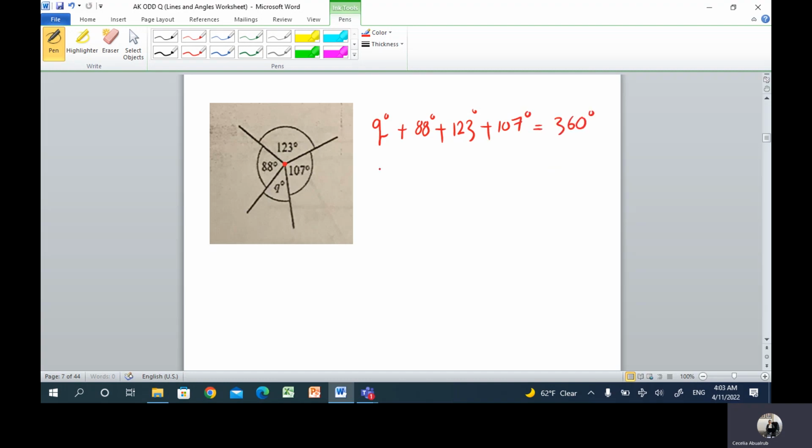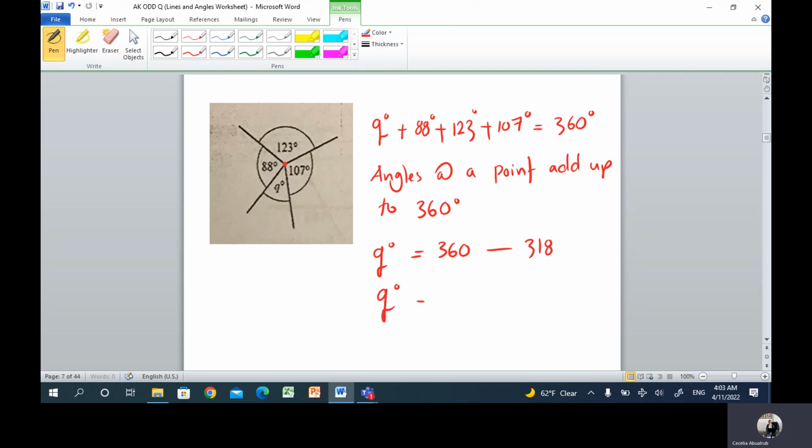360. Why? Because angles at a point add up to 360 degrees. So if you simplify, Q is equal to 360 minus the addition of 88 plus 123 plus 107, which is 318.